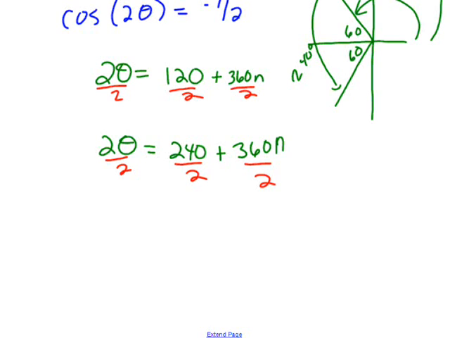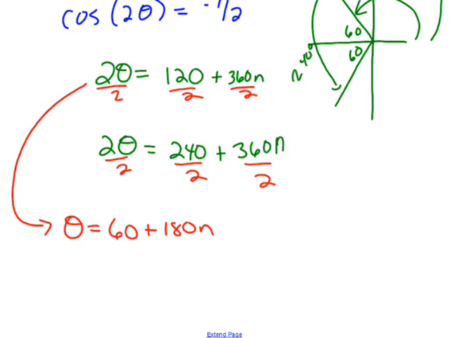Okay, and the top part gives me theta equals 60 plus 180n. So if I pick values for n equals 0, my answer is going to be 60. If n equals 1, my answer is going to be 240. If I pick n is 2, now I'm past 360.